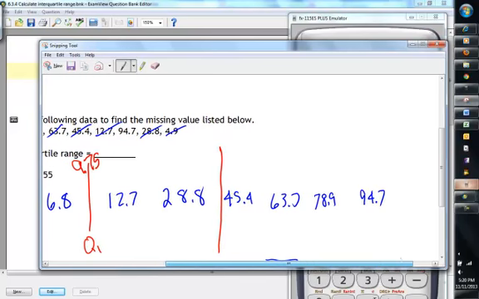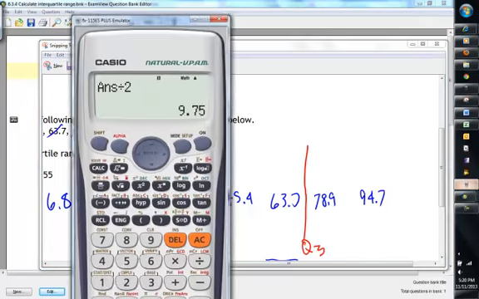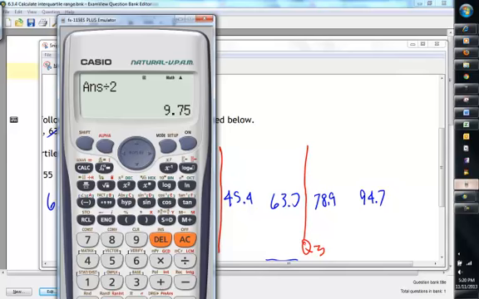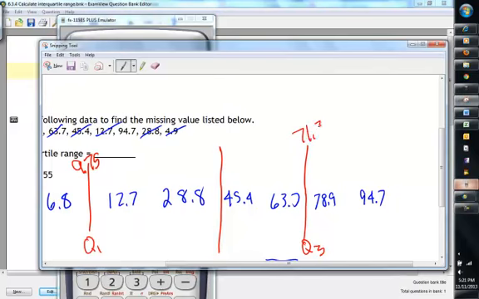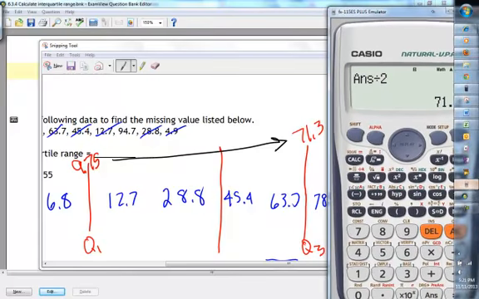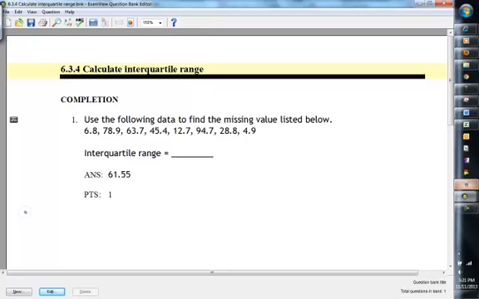And we find Q3, which is 63.7 plus 78.9 is 142.6, divided by 2 is 71.3. So the interquartile range is the distance between those two, so we take 71.3 minus 9.75, which gives us 61.55.